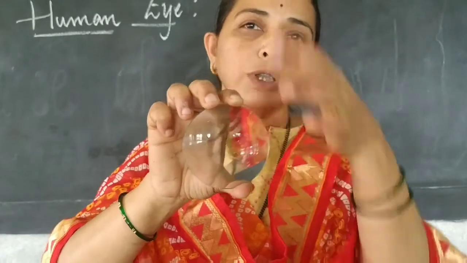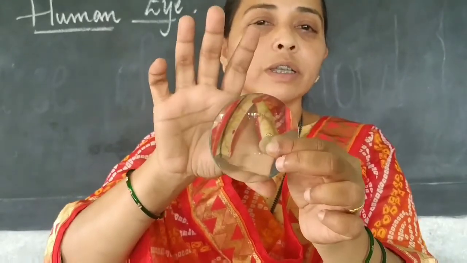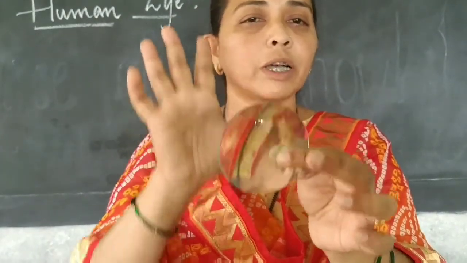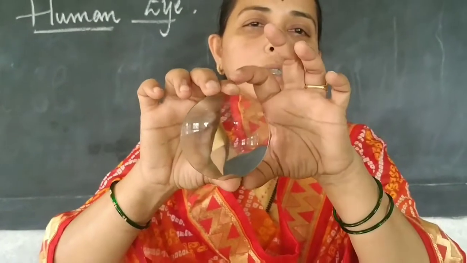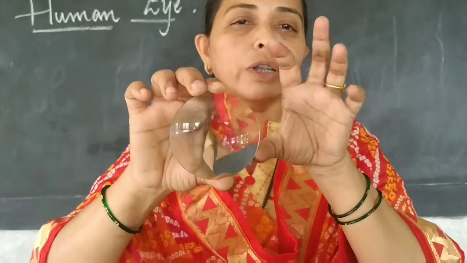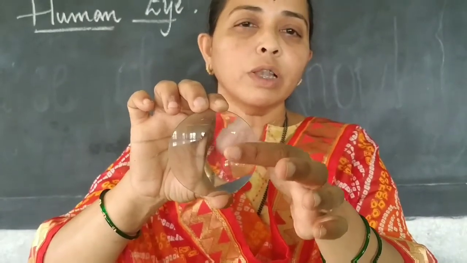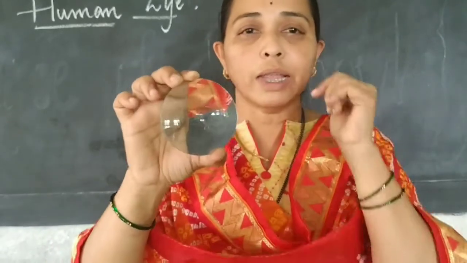If you want to see far things, these muscles get expanded and the lens becomes flat. So it accommodates. Your muscles help the contraction and relaxation. That is, it helps to increase or decrease the focal length of your eye lens.